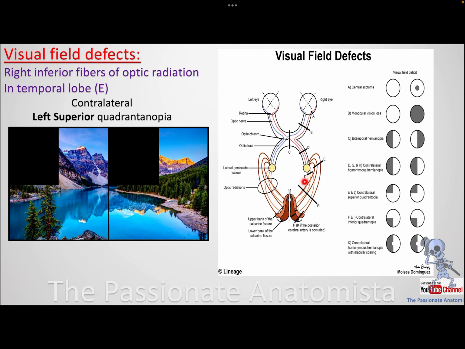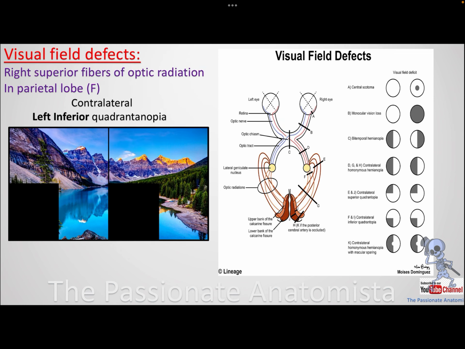Okay, guys? So when we talk about the optic radiation, remember that you have an opposite upside down orientation and an opposite right to left orientation. If it's a lower temporal optic radiation problem on the right side, it's going to be left side and superior. But if the problem is in the superior optic radiation, the parietal loop, it's going to be contralateral but inferior. The quadrant that I will lose is in the left side and inferior of both eyes.